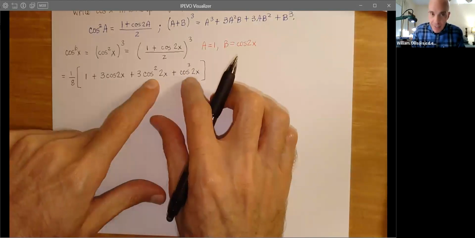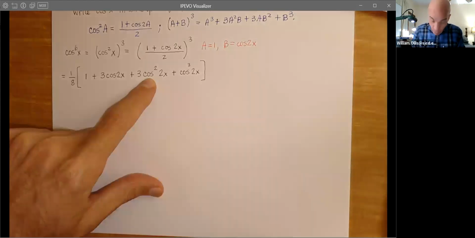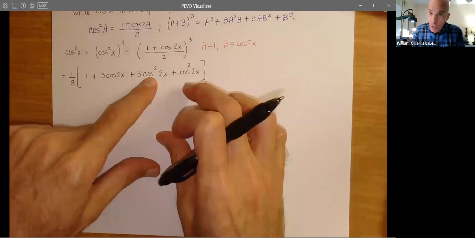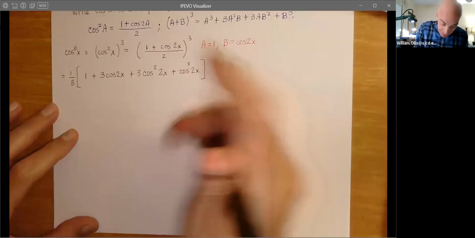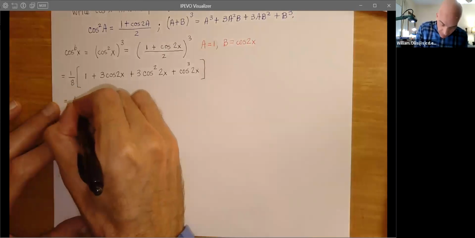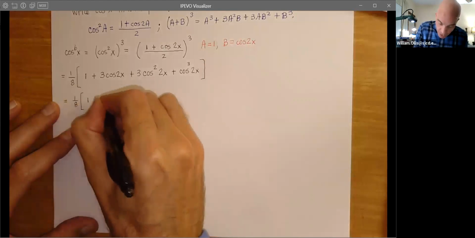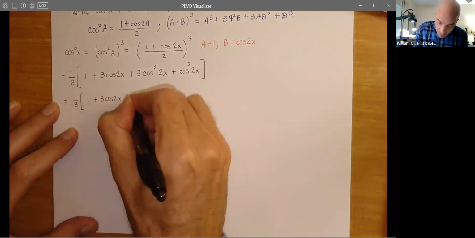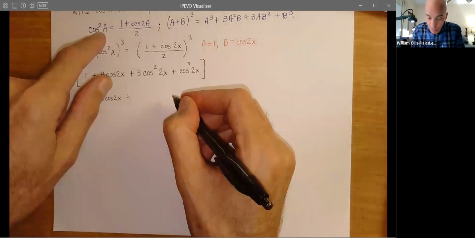And so we can break this down again, and we can apply the reduction formula to the powers here, again doubling the argument. So let's keep going. So we get 1/8 times 1 plus 3 cosine 2x. Now we're going to have a 1/2 from the square here using the power reducing.